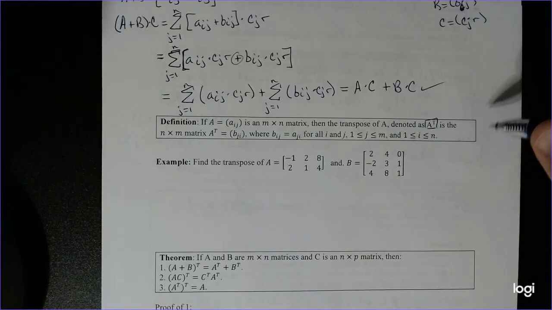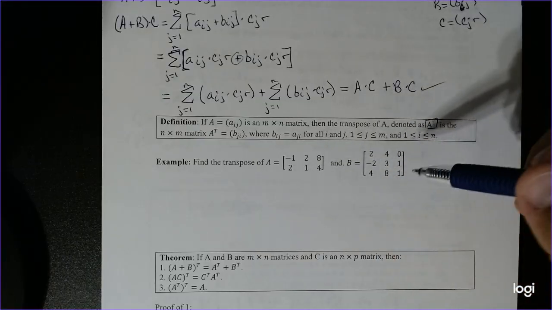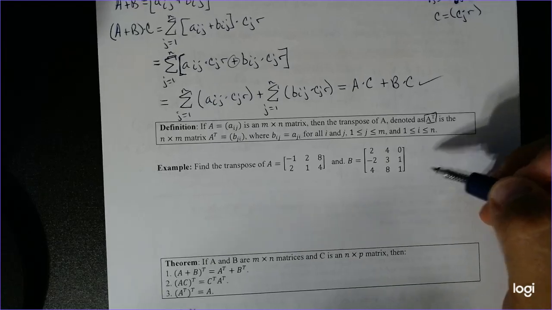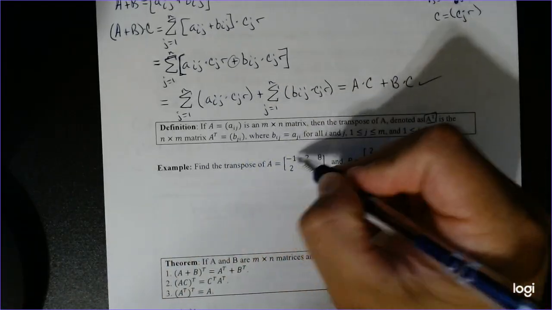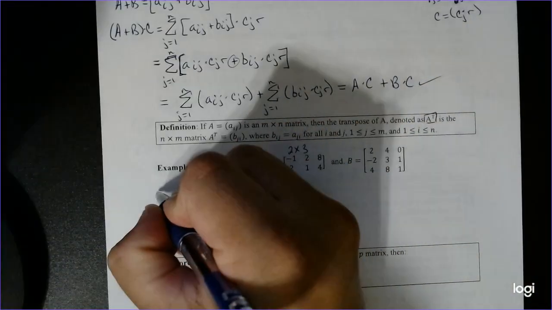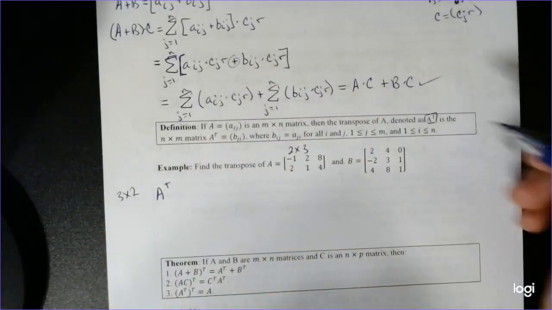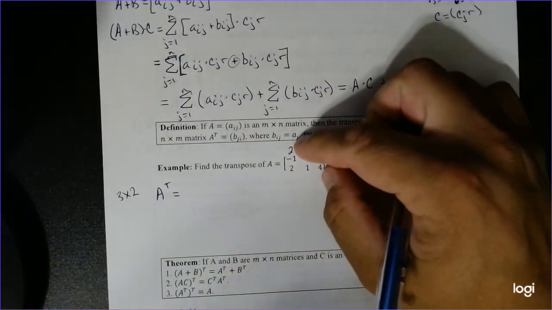Okay? So again, the definition is kind of funky. It's probably much easier to just go by an example. Let's find the transpose of each one. So make it easy, right? You're going to swap it. So this is a 2 by 3. So the transpose is going to be a 3 by 2. Now, how this works is you just literally swap places.